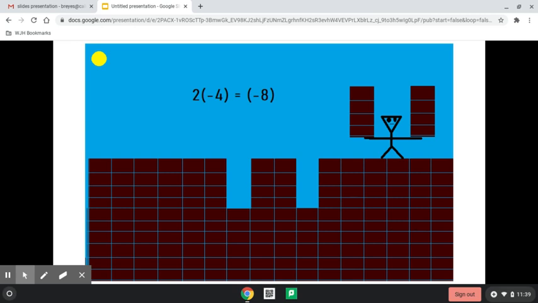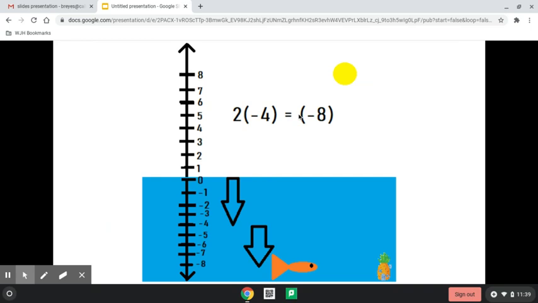If Fib dug 2 4-foot holes, he would have stolen a total of 8 dirt cubes from Bob. If a fish swam down 4 feet 2 times and they started at sea level, they're going to end up at negative 8 feet for their elevation, 8 feet below sea level.